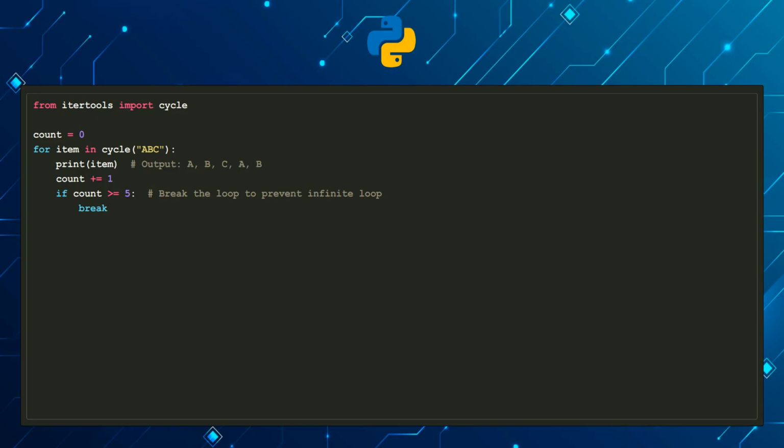Now, let's take a more advanced look at cycling through a list. This time, we'll not only print the current item, but also the next item in the cycle.